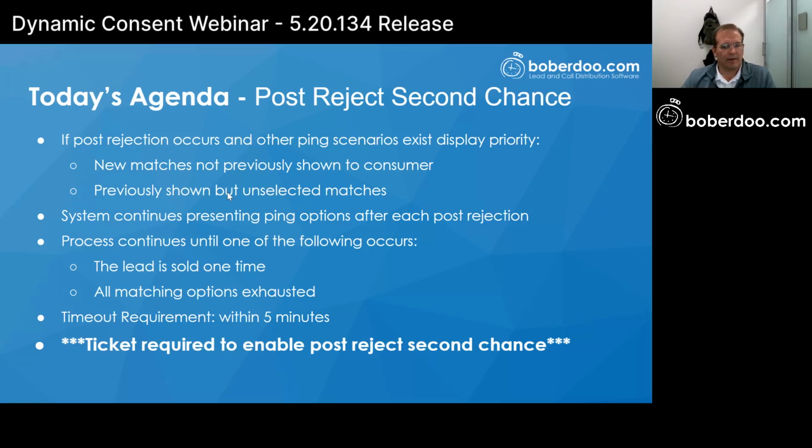Right now, the default system setting is 5 minutes between the initial ping and the post having to be submitted by the consumer. That is a setting that can be adjusted.